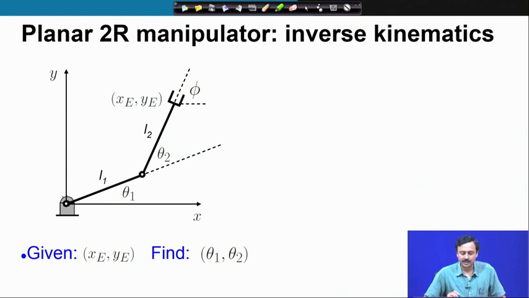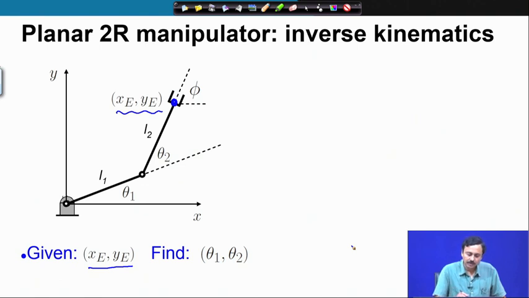Now, the inverse kinematics problem. What is the statement of the inverse kinematics problem? What are we given? We are given the position of the end effector, the coordinates x e y e of the end effector. And what do we have to find out?